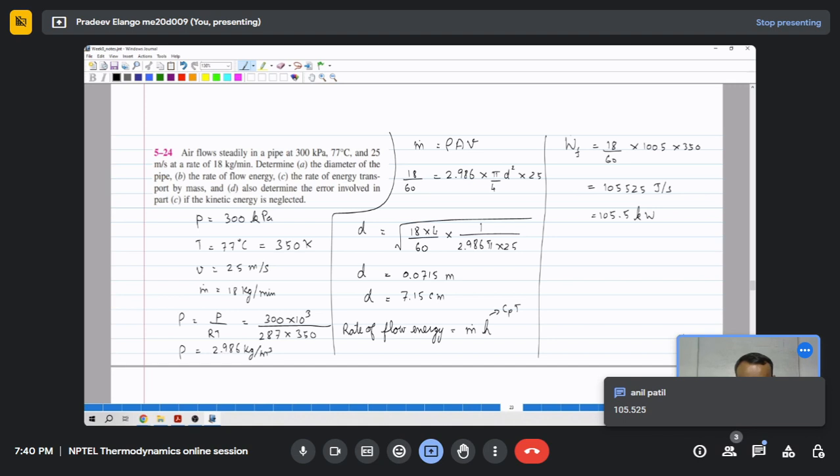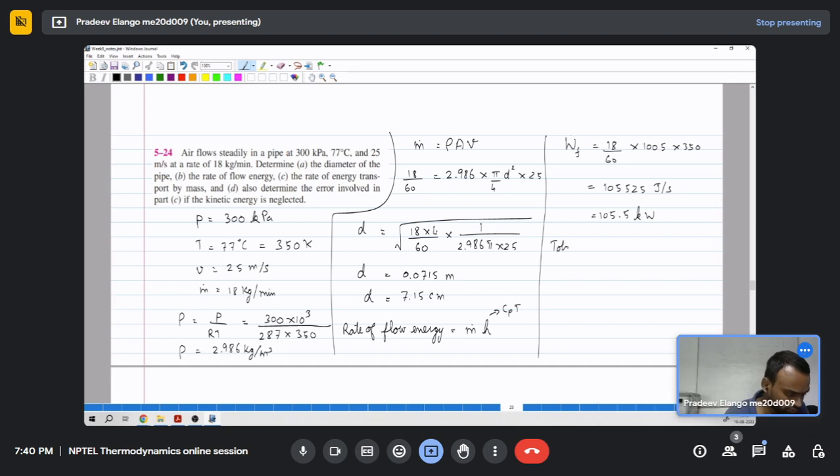Now the rate of energy transport by mass is the total energy. W dot is m dot h plus m dot v square by 2. Now this is 105,525 plus, for the kinetic energy, 18 by 60 into 25 square by 2.